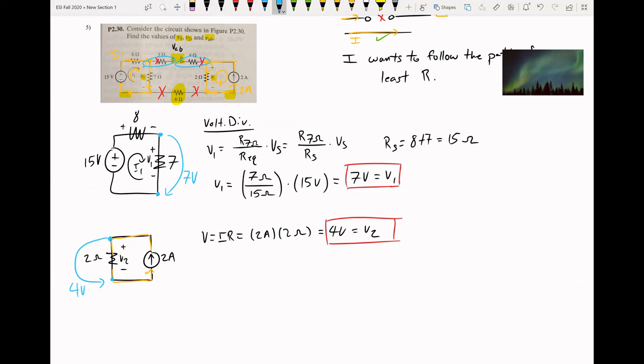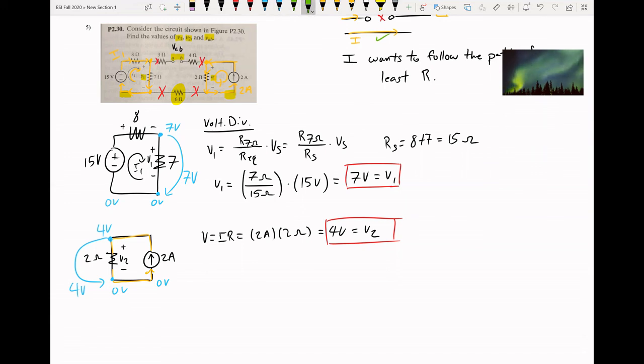So what does that mean? Well, we know that down here, this will be 0 volts, and that will be 0 volts. And we see that we lost 7 volts here, so our point up here has 7 volts before we enter that 7 ohm resistor. Before we hit this resistor, we had 4 volts because we lost it all to the 2 ohm resistor.